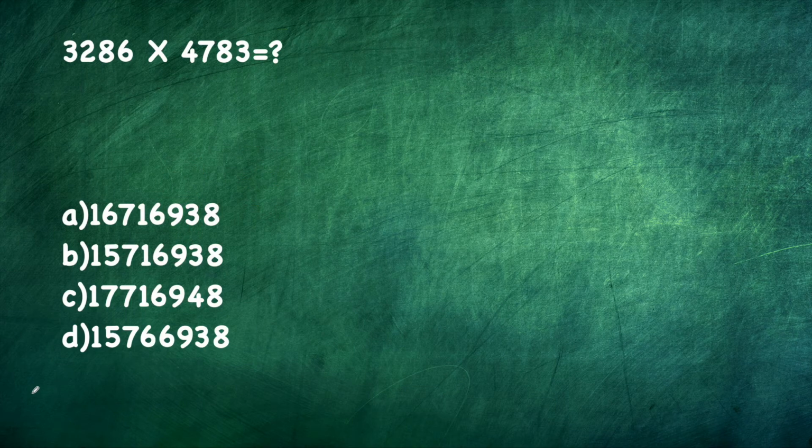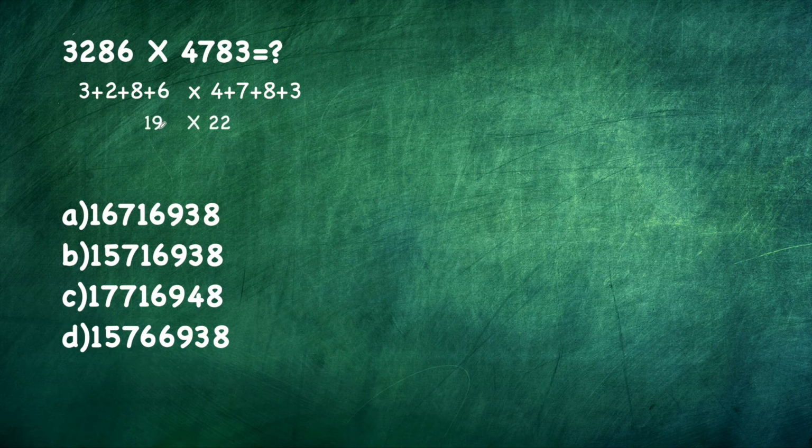Now find the product of 3286 into 4783. In this case, instead of multiplying, we can use digital sum. Now add all the digits: 3 plus 2 plus 8 plus 6 into 4 plus 7 plus 8 plus 3.